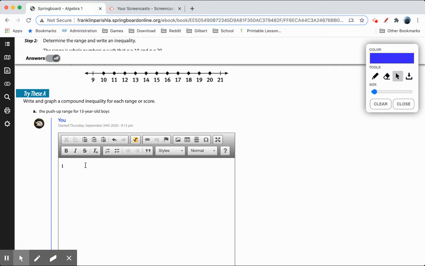Actually, I don't need to do that color. 12, you can use this button right here, and it should have the less than or equal to sign right there. 12 is less than or equal to whatever push-ups, P. Let's use a different letter because push-ups and pull-ups could be the same thing. Let's just say L. No, that looks like an I or something. We'll do K, which is less than or equal to, I remember to use that button.